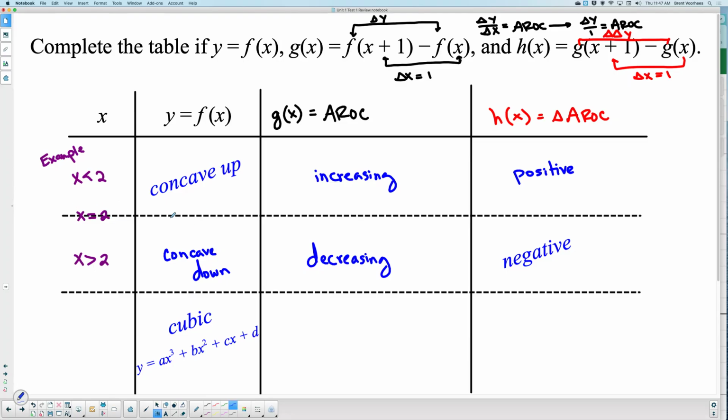A point of inflection. Right here, this would be a point of inflection. Said another way, a point of inflection is the point where concave up meets concave down. Or vice versa. It could go concave down first if you're wondering. But where they meet, it's called a point of inflection.